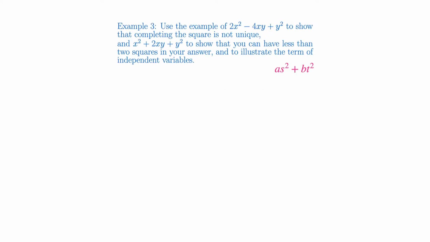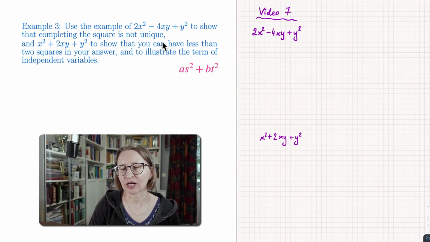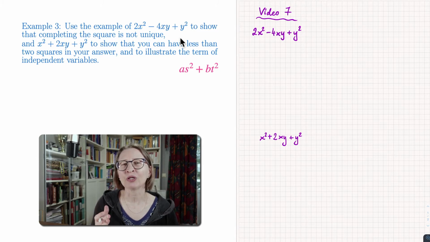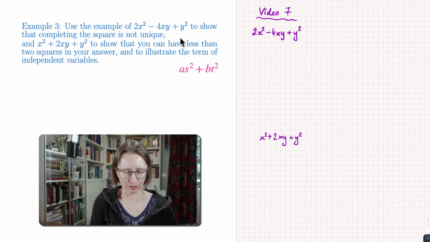And as the last part of this video, I would like to take this example in which I show you this particular form, how I can complete the square in two ways. One way will be start at the x variable and proceed, and the second one start with the y variable.